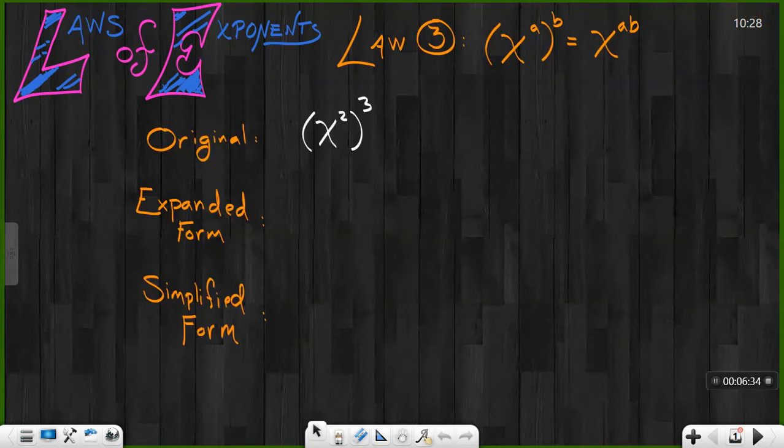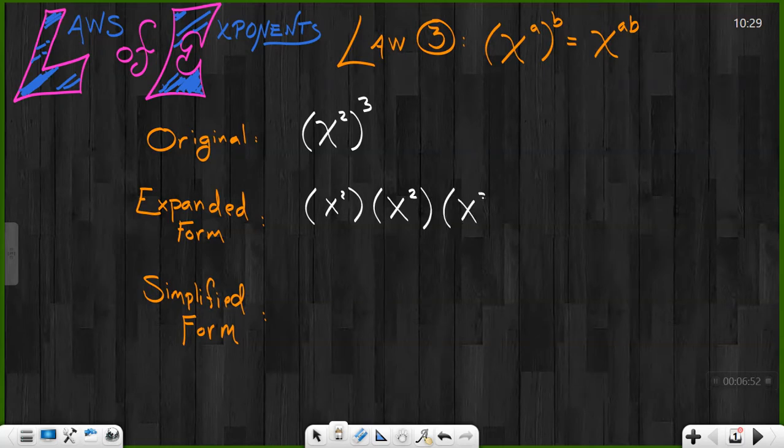When we're taking an exponent to another exponent, well, we have to ask ourselves what that exponent means and what it's telling us to do, particularly this exponent here of a 3. All right, now that 3 is next to the parentheses. That means it's referring to our parentheses, so I'm really looking at x squared times x squared times x squared.